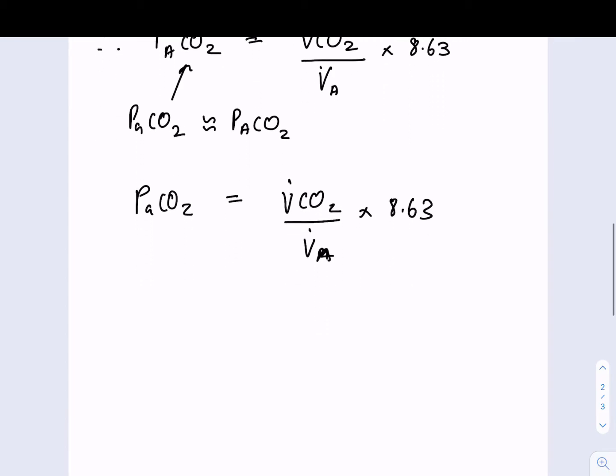So what does this show? Well, it shows that the arterial carbon dioxide is related directly to the carbon dioxide production. And that kind of makes sense.